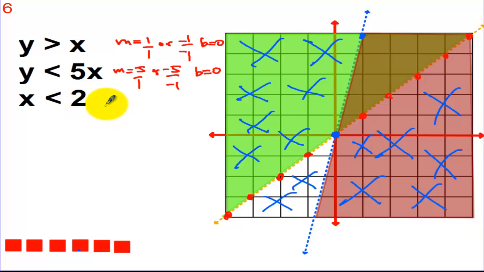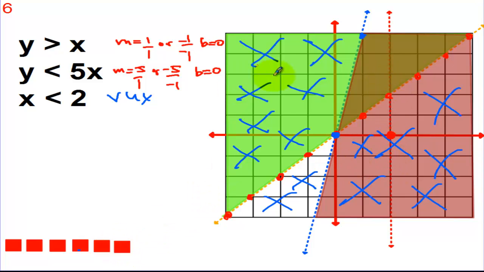So this is a vertical line that will pass through x equals 2. And again, we don't have a line under, so it will be a vertical dotted line. Okay, and it says x less than, so we have to shade the left side of this red dotted line.